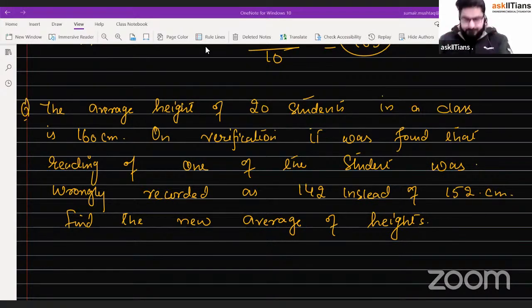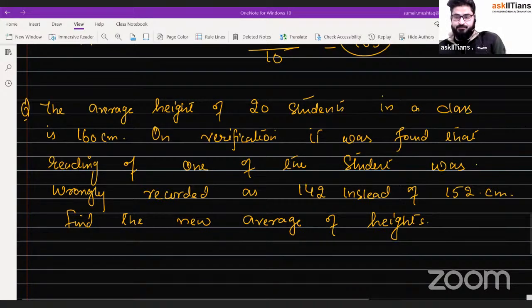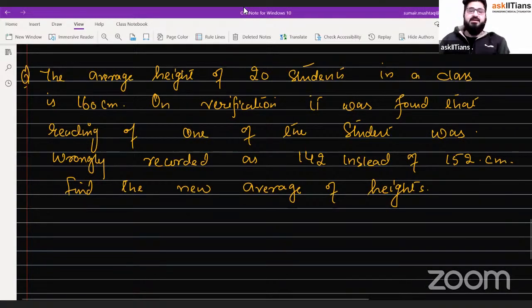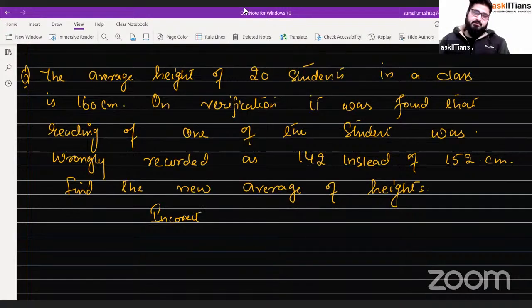See, what is the incorrect average? Okay, incorrect mean is equal to incorrect sum divided by total persons, isn't it?